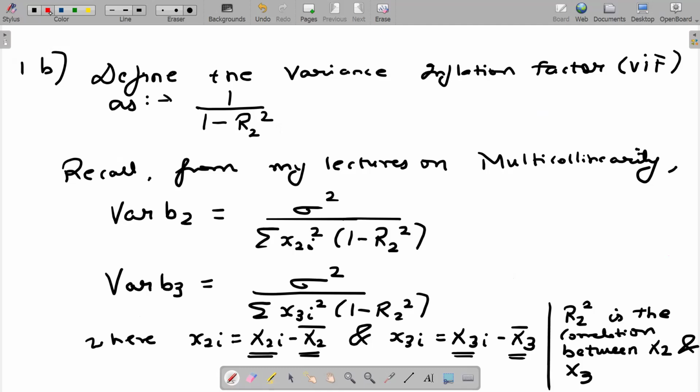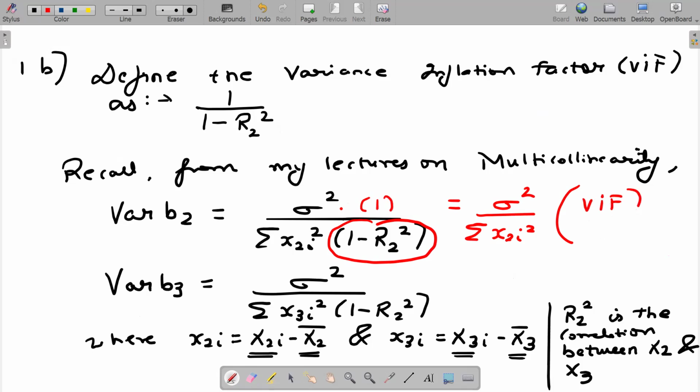So I can write this as sigma square over summation small x2i square times the variance inflation factor. Let me correct myself. Because 1 minus R2 square, I can write this as 1 over 1 minus R2 square, which is my variance inflation factor. And similarly, this I can write as sigma square over summation small x3i square times the variance inflation factor.